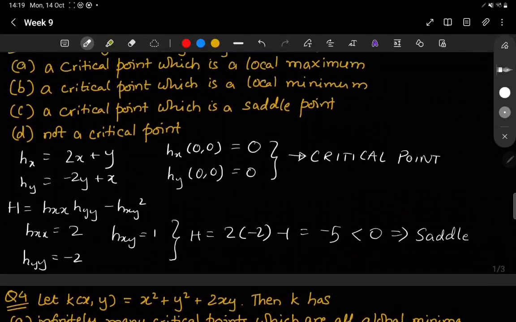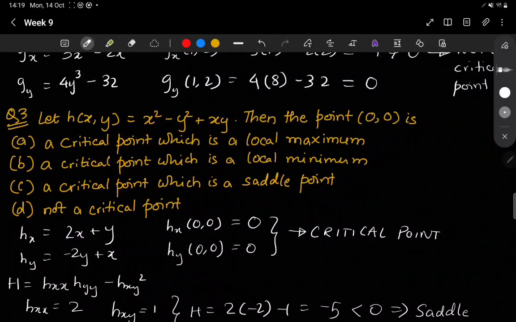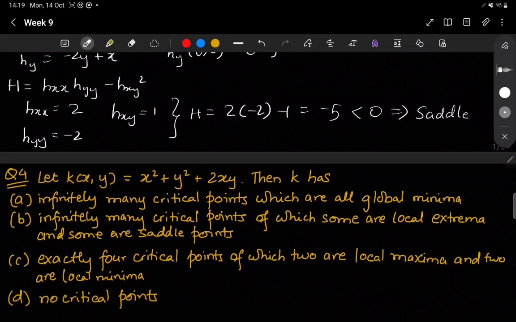So with a negative Hessian, we have a critical point which is a saddle point. Option number C is the correct option.